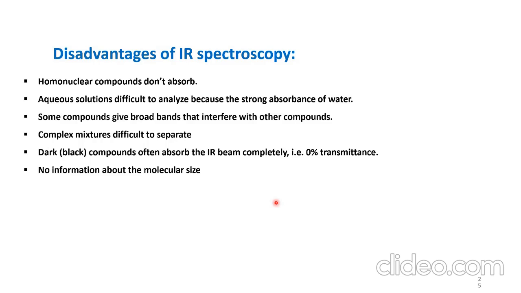Complex mixtures are difficult to separate because even a single molecule has a lot of peaks. Black compounds absorb IR completely, so they give zero transmittance, and those are difficult to analyze.